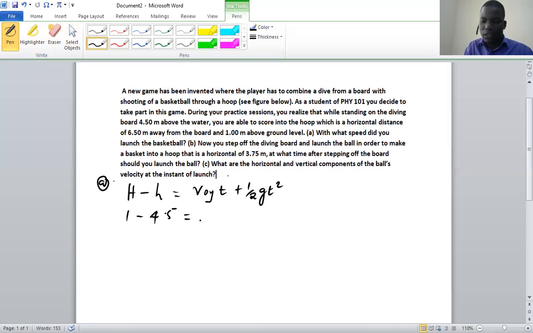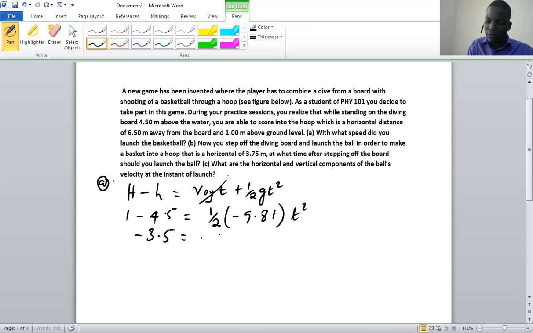In short, the initial velocity in the y is 0. So we have 0, and then half times the gravitational acceleration times time squared. So here we get 3.5 equals 4.91 t squared, so t squared is going to be 3.5 over 4.91.